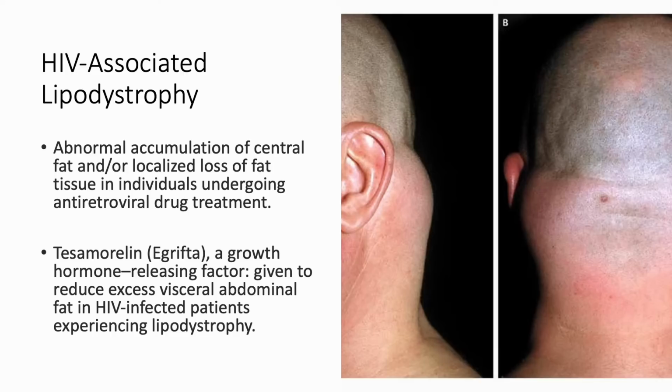HIV lipodystrophy manifests as an abnormal accumulation of central fat or localized loss of fat tissue in patients on antiretroviral drug treatment. Egrifta is a growth hormone releasing factor that received approval from the FDA in 2010 for the purpose of diminishing excess visceral abdominal fat in HIV-infected patients experiencing lipodystrophy.